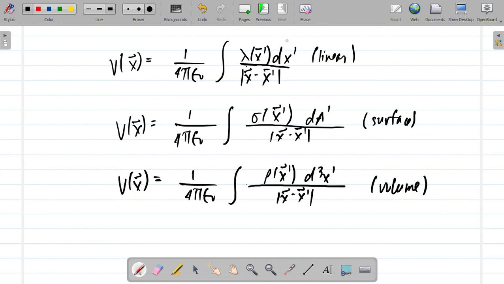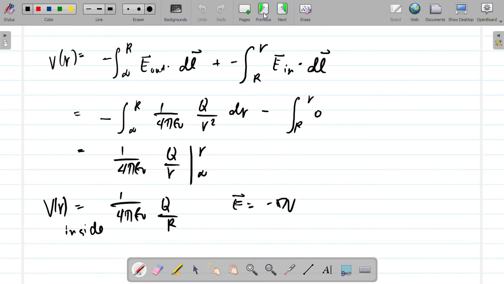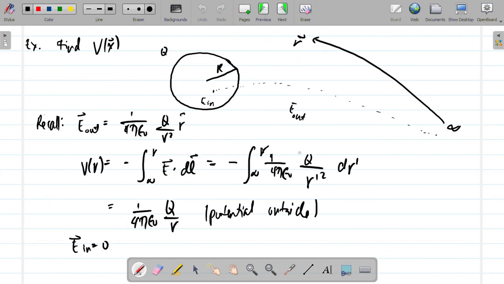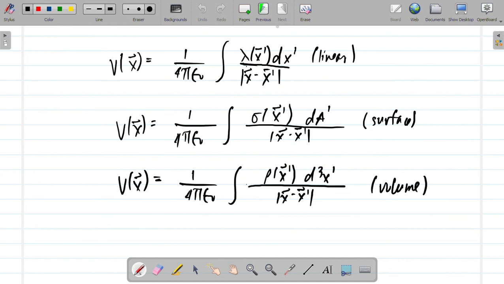Then, i-integrate natin over the source. Ito yung location kung saan gusto natin kunin yung potential, yung R. Yung prime coordinates, yun yung source. Ini-integrate natin over the source. Okay? So, next.